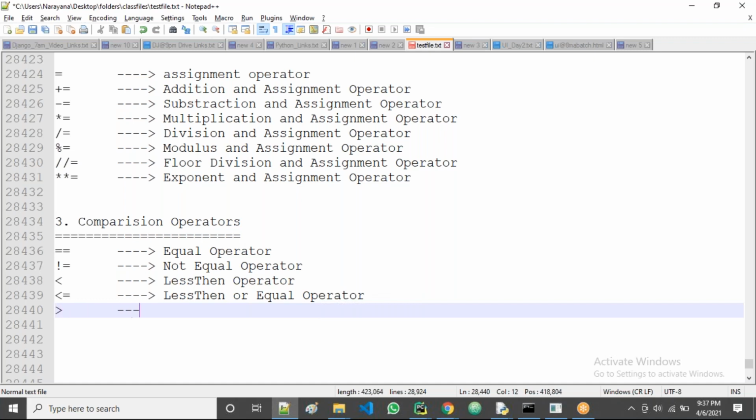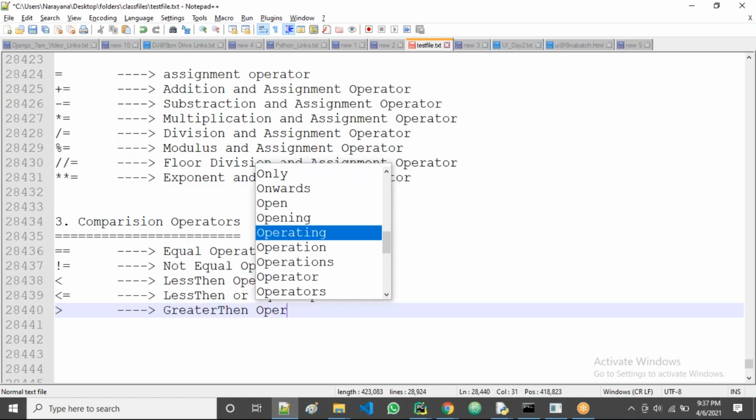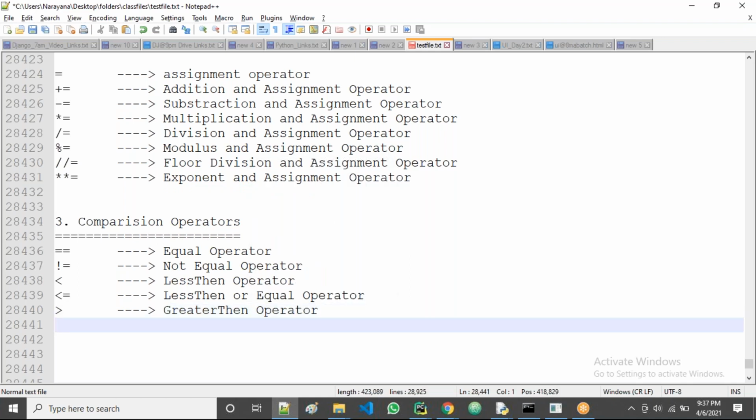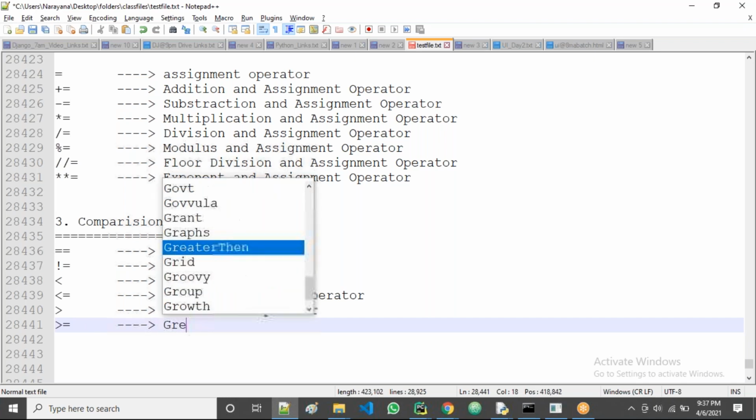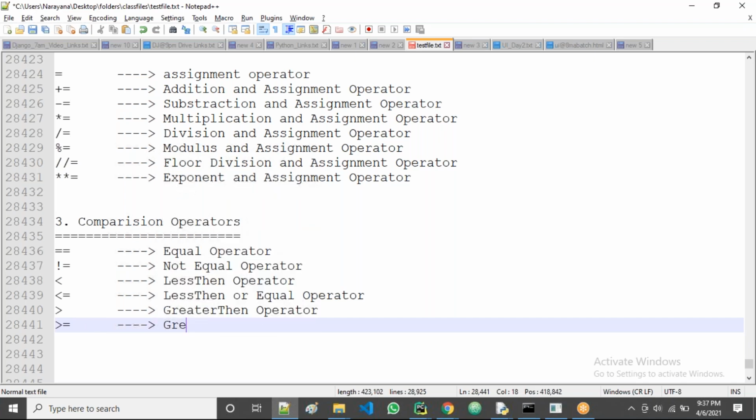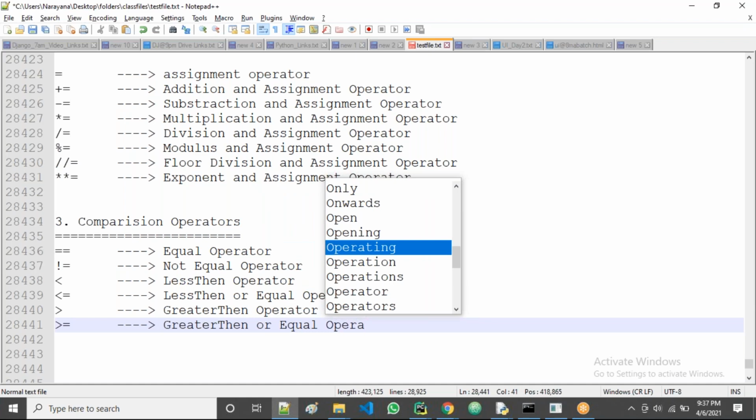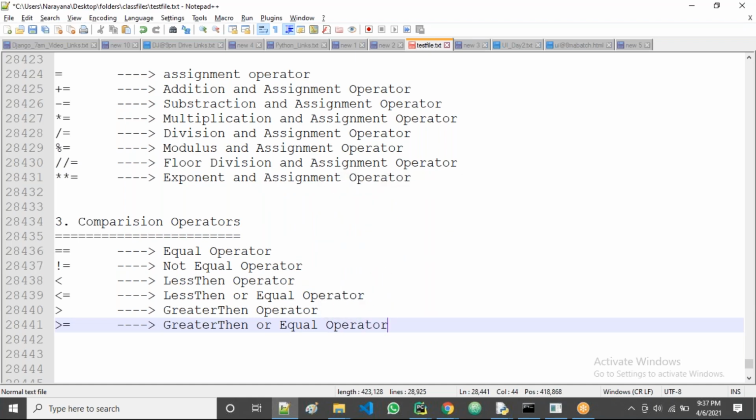Next, greater than operator, and greater than or equal to operator. That's all. So these are the comparison operators.